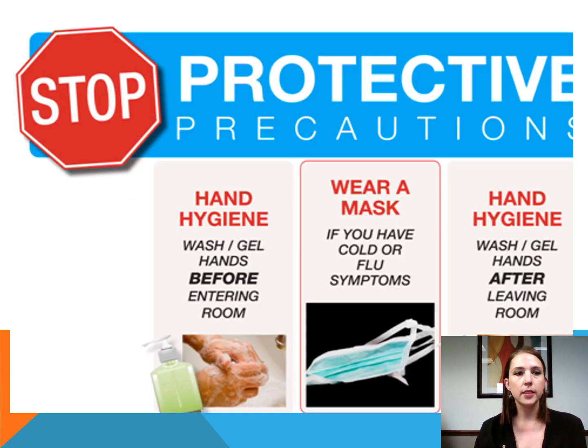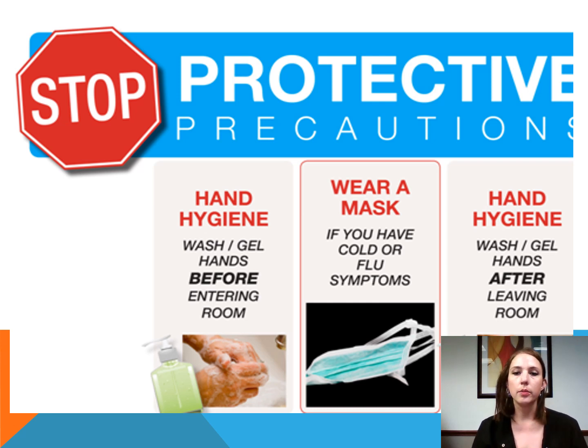So protective isolation is the first one, and it's for patients that have some sort of compromise in their immune system. So patients that have neutropenia, or patients that have some sort of defense mechanism that's been lowered, so it puts them at increased risk of infection. And so for these patients, we want to make sure that we're wearing a mask if we have cold or flu symptoms.